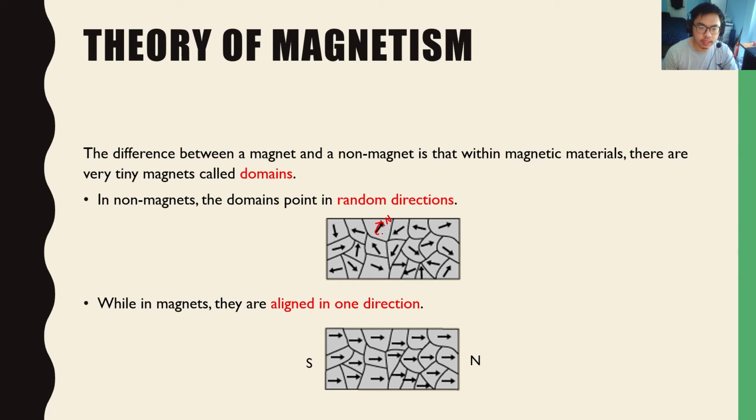So this is north and south, and for this one, this is north and south, and so on and so forth. If they are in random directions, that substance won't be a magnet. It'll just be a normal object. But for some substances, their domains, as we call them here, are all in one direction. And when that happens, that substance has magnetism and is a magnet.